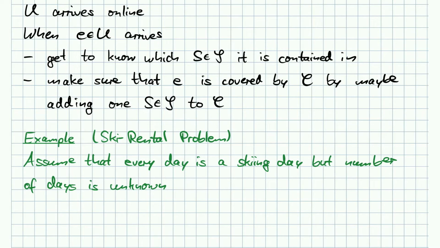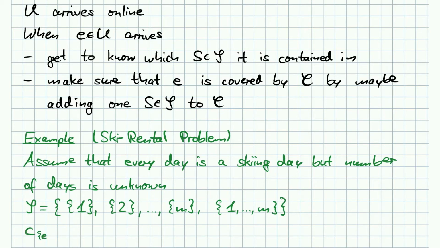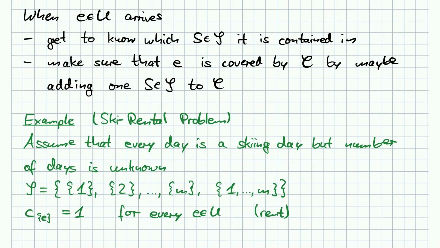We now have the following sets to cover our universe. We have the singleton sets, and we have one set that covers the entire universe. The cost of such a singleton set is 1 for every element, and this means nothing but renting the skis on that particular day.